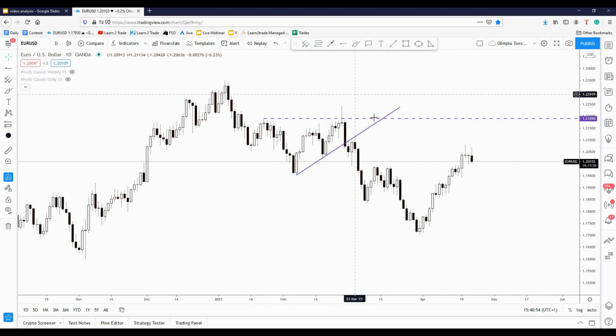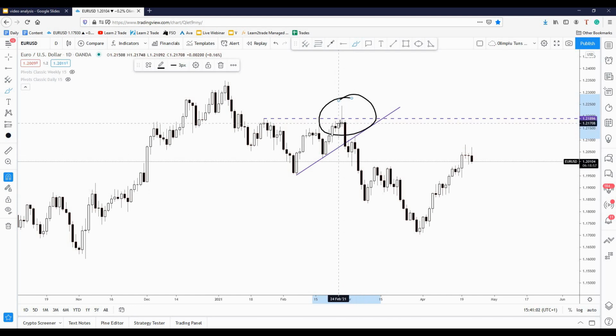So we had a minor rebound here, and as you can see, we had a resistance at this former high here. So the price has developed a bearish pin bar here. This candle with a small body and with a huge upside shadow spike, followed by this major bearish candle. This major bearish candle has confirmed this candlestick pattern.